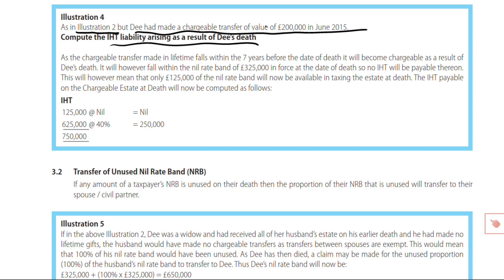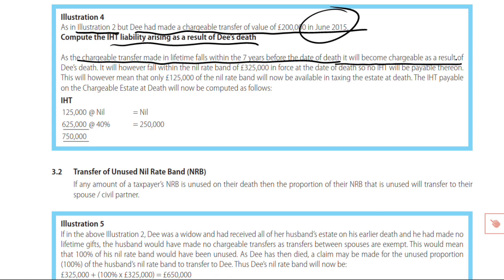The first computation, lifetime transfers chargeable on death. As the chargeable transfer made in lifetime falls within the 7 years before the date of death, June 15 compared to 1st of February 18, this is within the 7 years before death, it will become chargeable as a result of D's death.